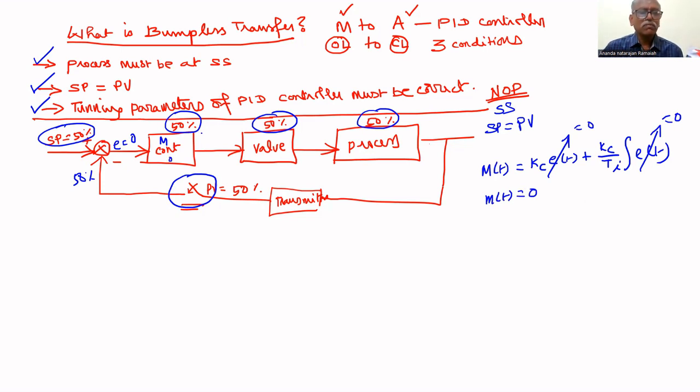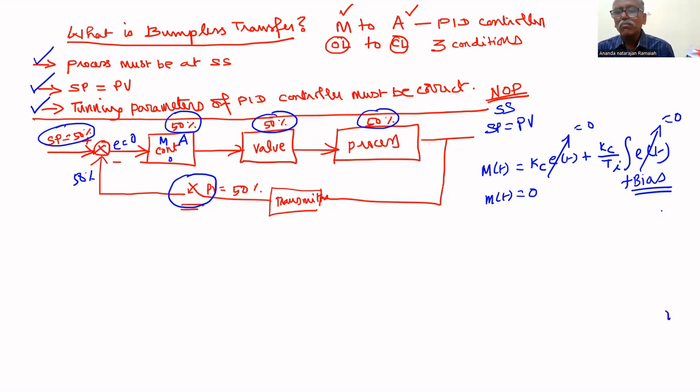But what is the present value of the controller? 50%. That's why the process is at 50%. That value has to be maintained at 50% in auto mode also. That is called bias. This bias value, how we approached in manual mode, we adjust the controller output, and hence the valve is adjusted so that the process is at 50%.